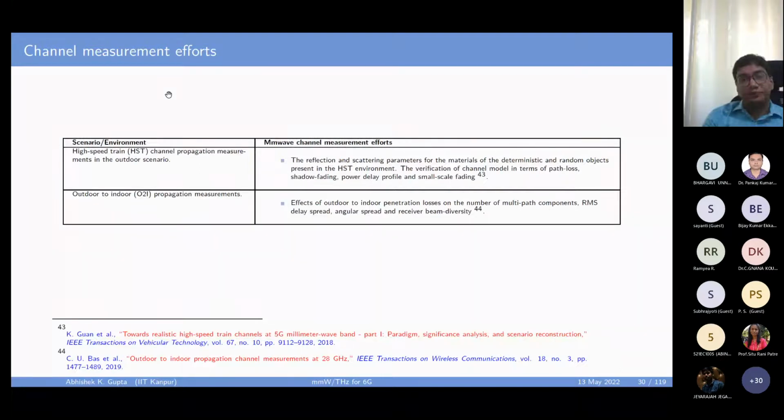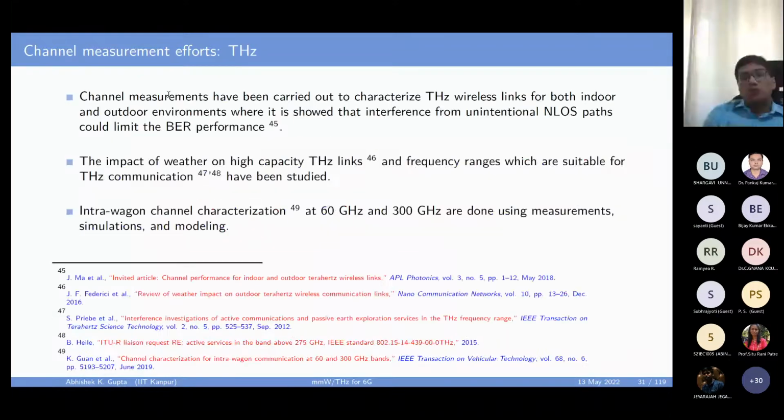People have also talked about high-speed train channel propagation measurements and how outdoor to indoor propagation works. Even in terahertz, there are some works where people have talked about indoor and outdoor scenarios, and the interference from unintentional non-line-of-sight sources.